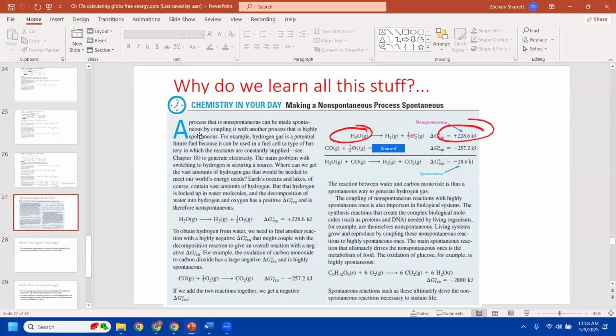Water breaking down into hydrogen and oxygen is a non-spontaneous process. But if you link that with the carbon monoxide addition to oxygen to make carbon dioxide, when you add these two reactions, this non-spontaneous with this spontaneous, we get an overall spontaneous reaction, and something that wasn't going to happen on its own is now happening on its own by combining it. Do you see that? So this gives us the opportunity to think about how we can make this better, right?